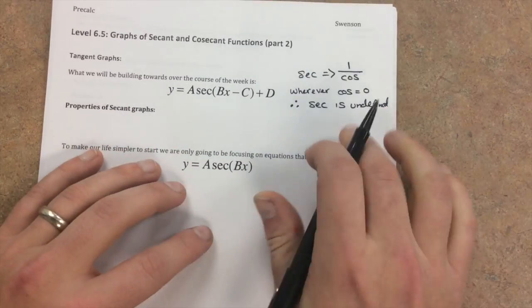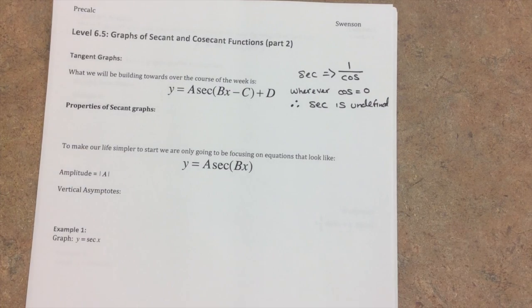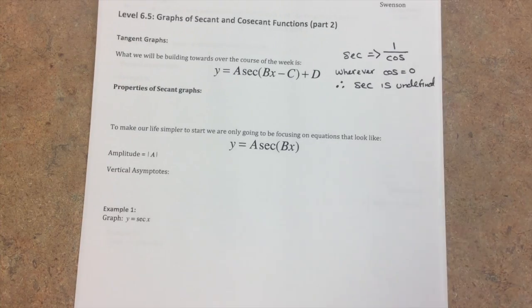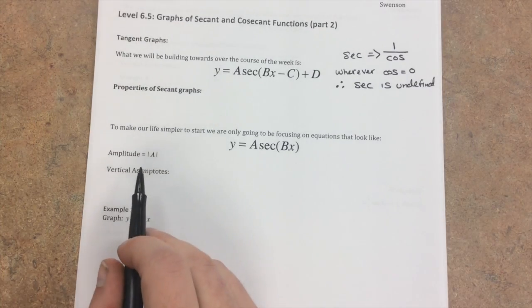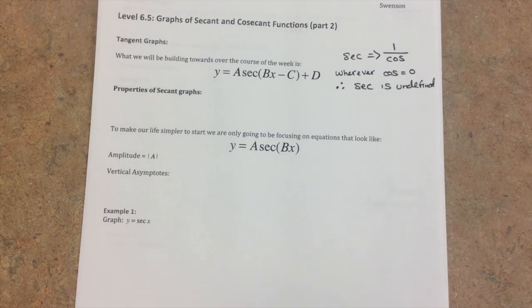And that's super important for us because when we had something that was undefined, we got vertical asymptotes. So the properties of our secant graph, we're going to do the same types of things. We're going to have our amplitude, and instead of our period, as long as we can graph our cosine graph, then we're good, then we get our vertical asymptotes.